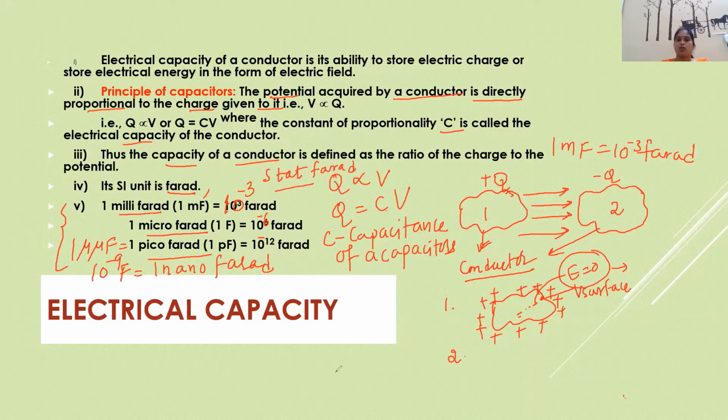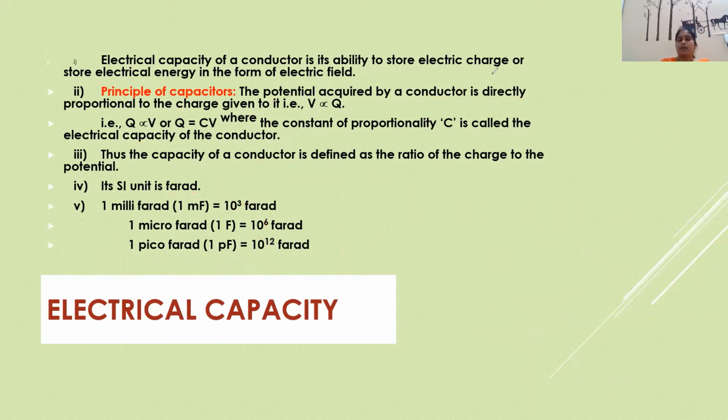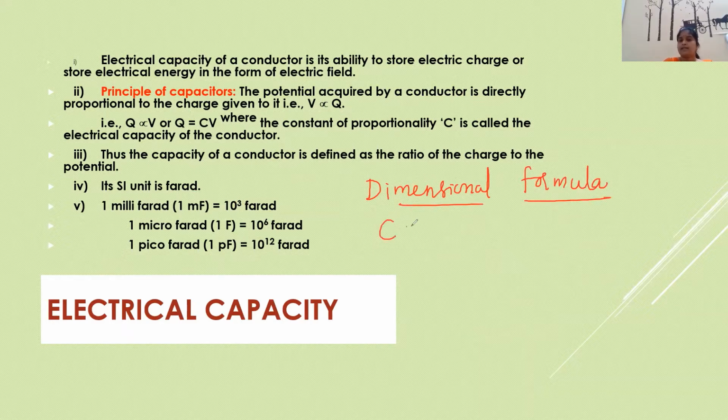So now let us move on to the dimensional formula. What is the dimensional formula of the capacitance of a capacitor? We have already seen that capacitance is Q by V. So now we'll find the dimensional formula of it.